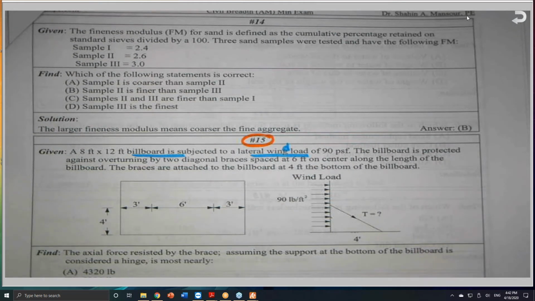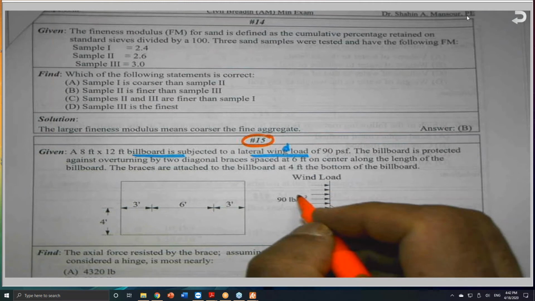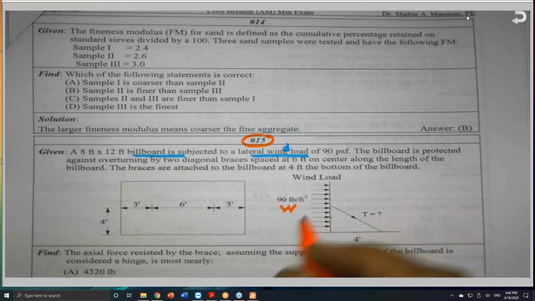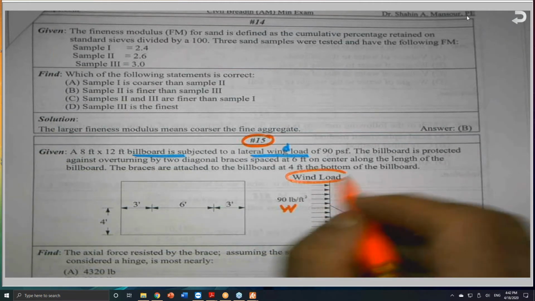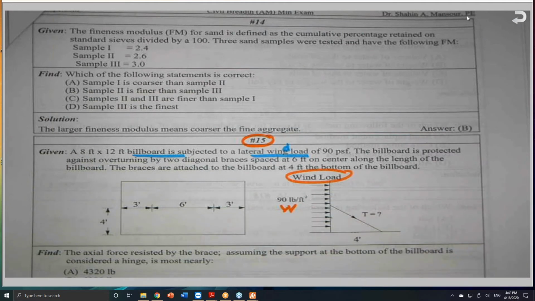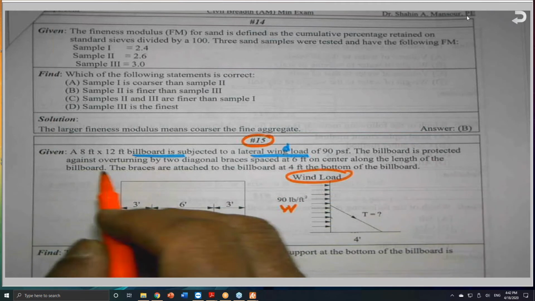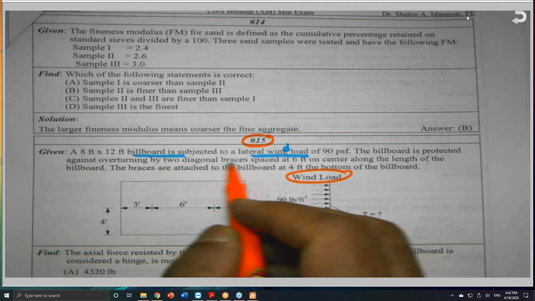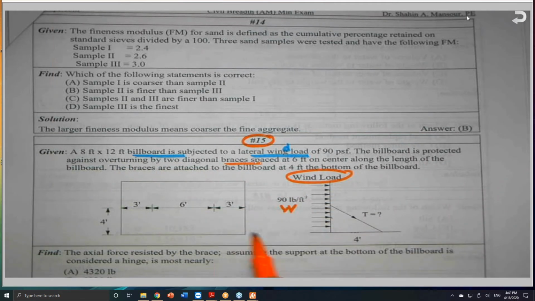So there is a wind load, W, we use for wind, 90 pounds per square foot. The billboard is protected against overturning by two diagonal braces, spaced at 6 feet on center.